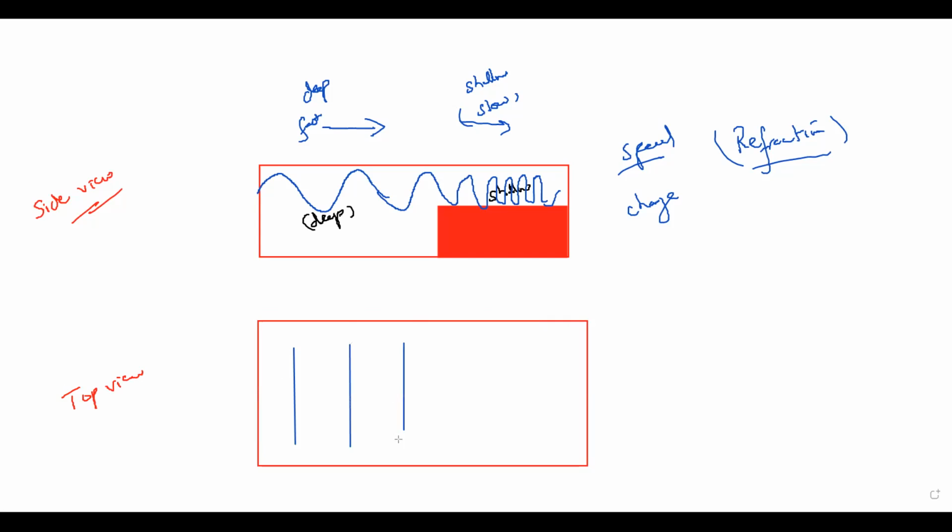But as they enter a shallow region, the distance between the wavefronts decreases. As the distance between the wavefronts decreases, it shows that the speed has changed. And whenever the speed of the wave changes, we call that refraction. If the direction changes, we call it reflection. But if the speed of the wave changes, we call that refraction.